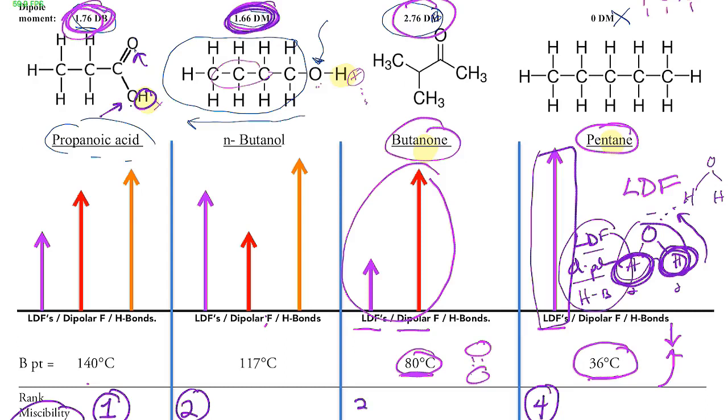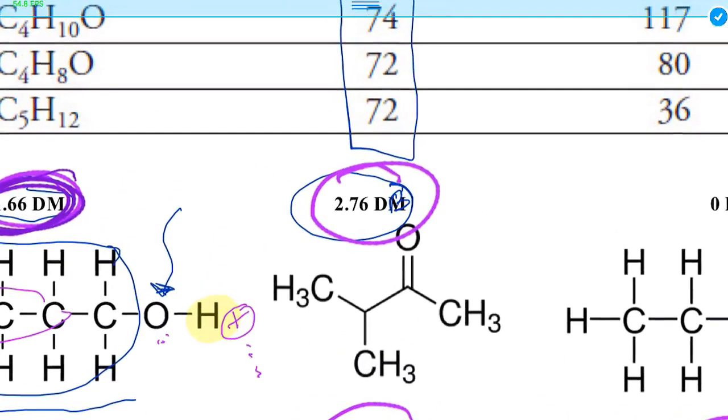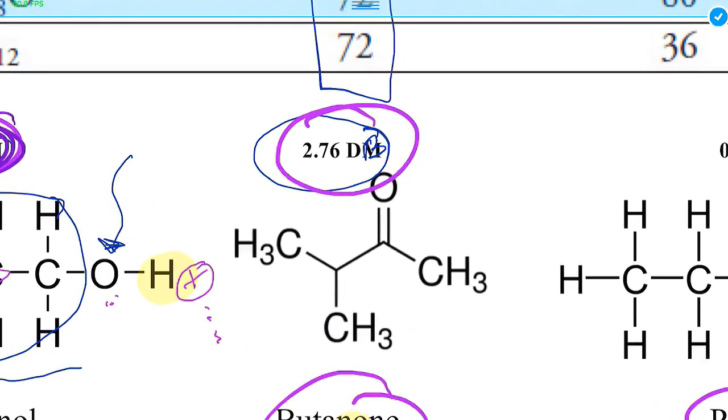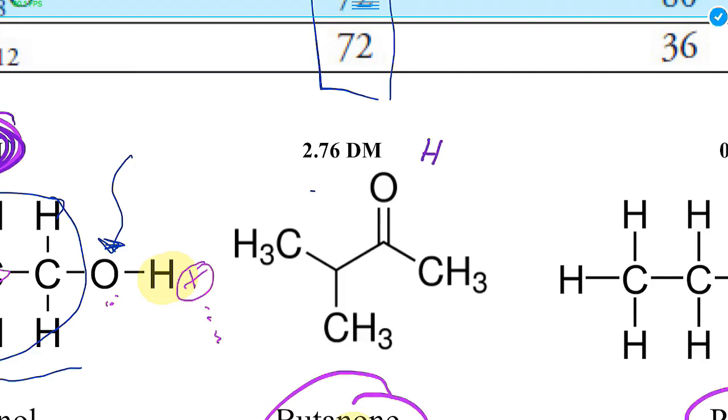And then 3 is butanone. Some people will say, whoa, it doesn't have H bonding with itself. How can it dissolve in water? These guys will dissolve. This one won't. Why would this guy dissolve? Well, party people, the reason why it's going to dissolve is because the biggest thing, although it does not H bond with itself, it can H bond with water.